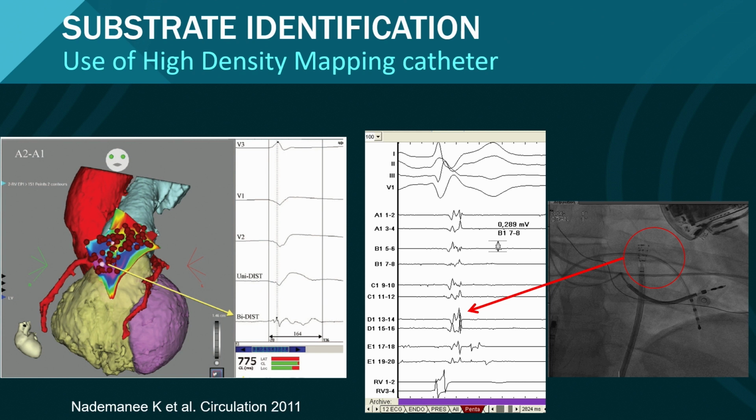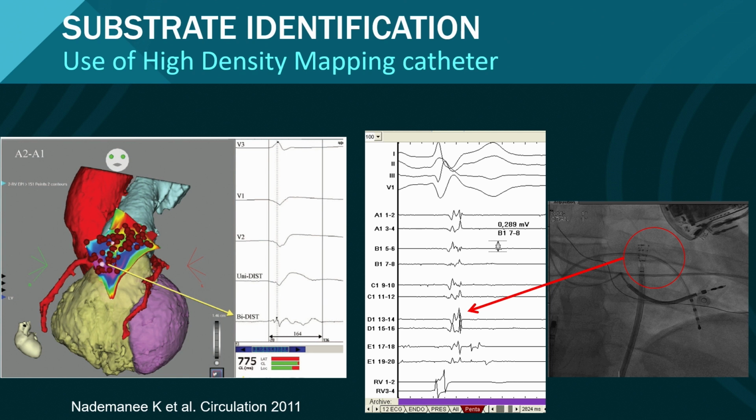Now, high-density mapping catheters are particularly suited for that. You don't see it very well, but this is a PentaRay catheter. Not the best catheter to map endocardially, because the loose end electrodes may produce quite some mechanical ectopics, but epicardially it's really good. It's much easier, whatever catheter you use, but particularly this one.